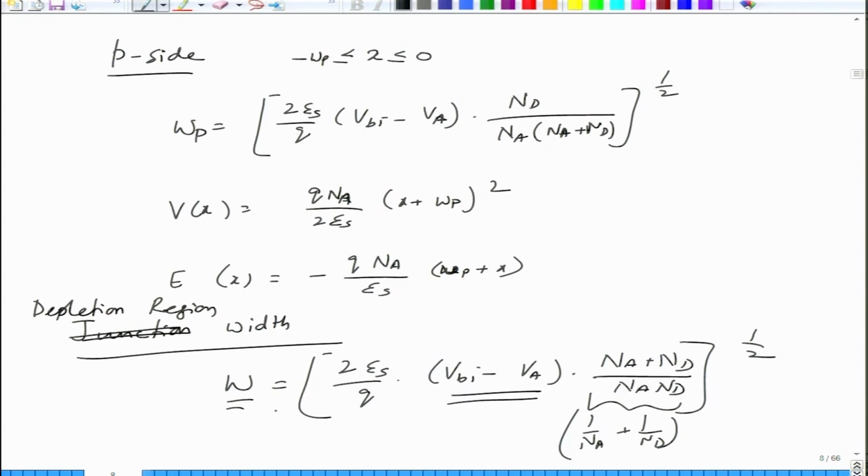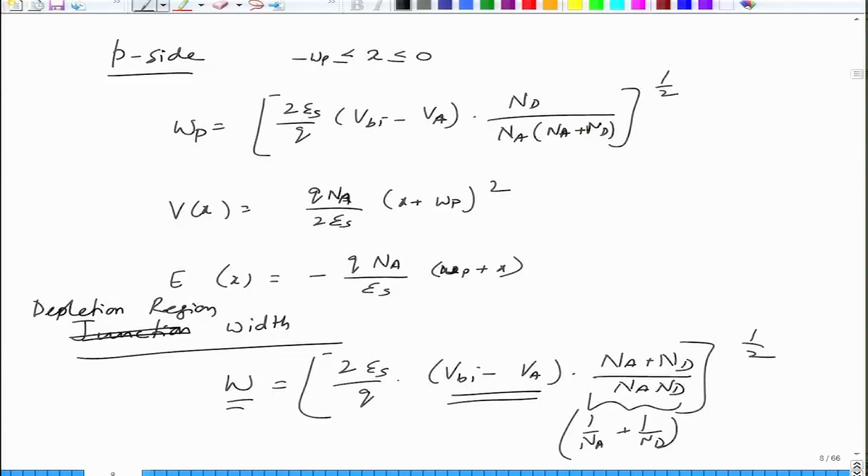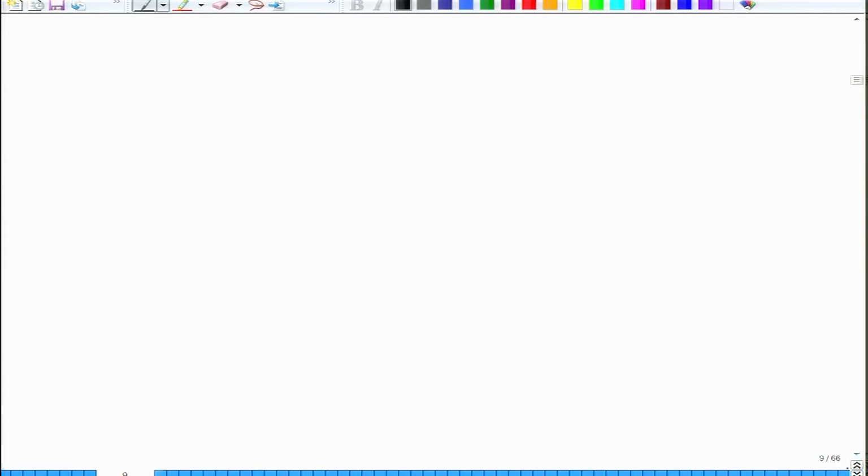As a result, the depletion region width will become larger as you apply more and more reverse bias.